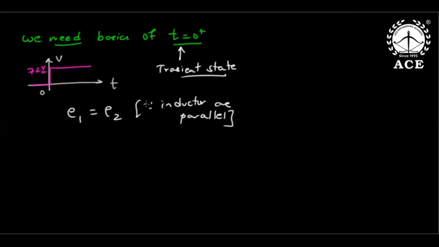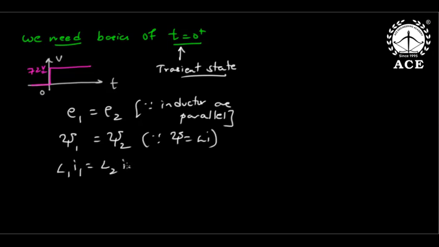Since both inductors are parallel, induced EMFs must be equal. According to Faraday's law, change in flux linkage induces EMF, so if induced EMFs are equal, flux linkages are also equal: psi1 equals psi2, in Weber turns. Since psi is Li, L1 I1 equals L2 I2.